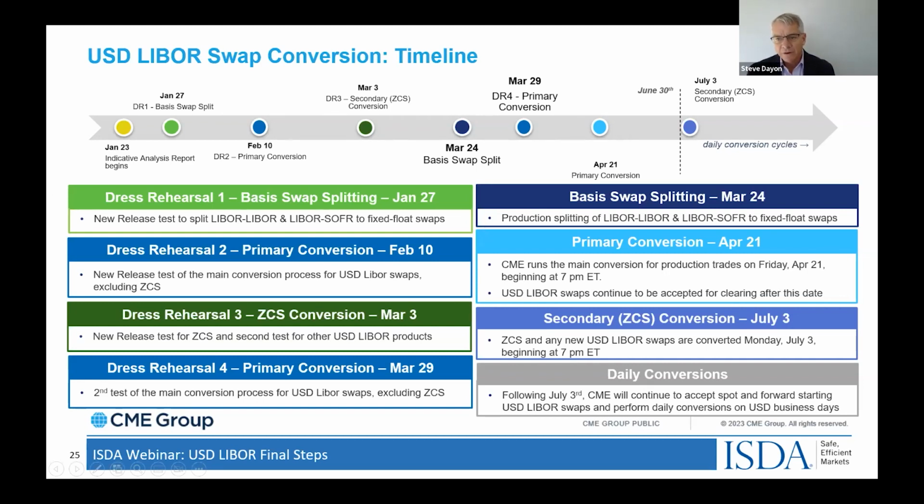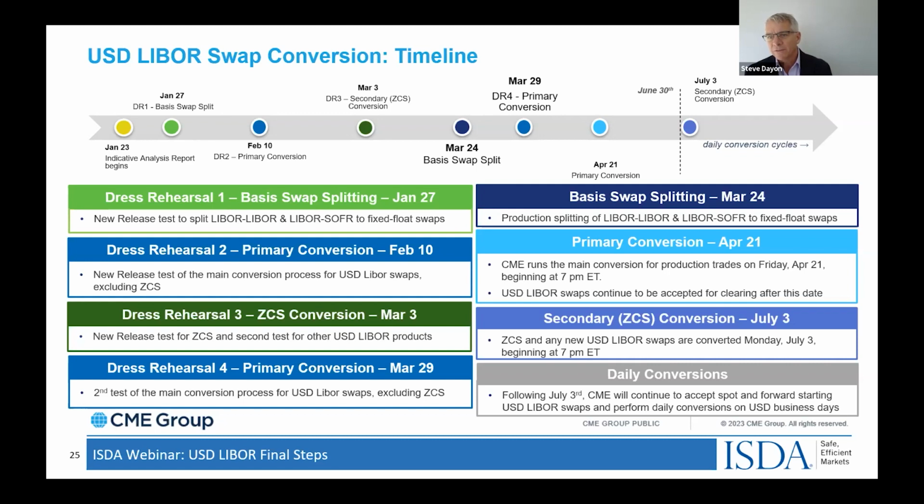You might notice we already completed our basis swap splitting on March 24th. April 21st, a week from Friday, will be the big date for CME. It will be followed by a secondary conversion on the first good business day following the index cessation effective date, July 3rd, where we'll handle zero coupon swaps.